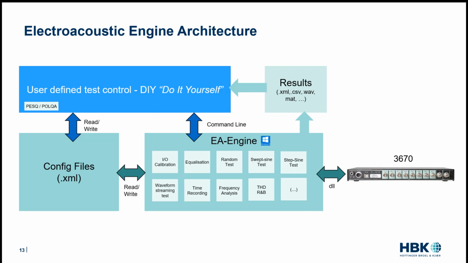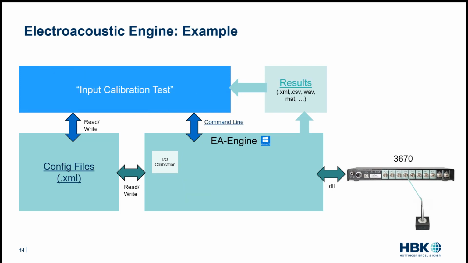Additionally, if you're working on speech quality, feel free to add a Pascal Piolka algorithm to your own app, or electrical impedance, or turntable control, pass-fail metric, and we believe people will create great things we haven't thought of yet. And this user-defined test control can be done in MATLAB, Python, Visual Studio, or any other application that would support command lines and read and write XML files.